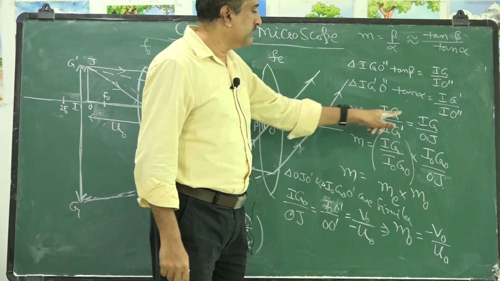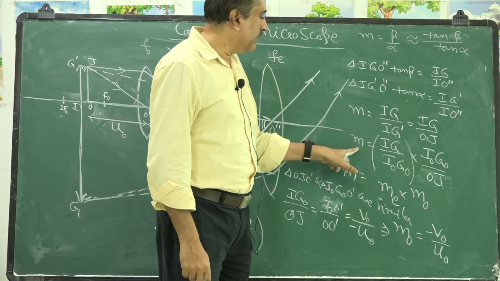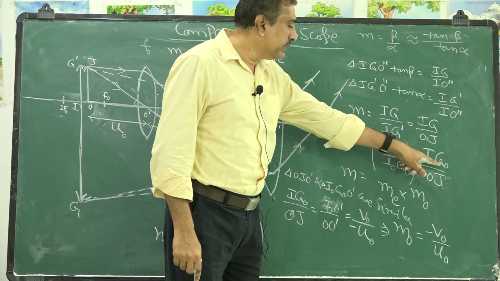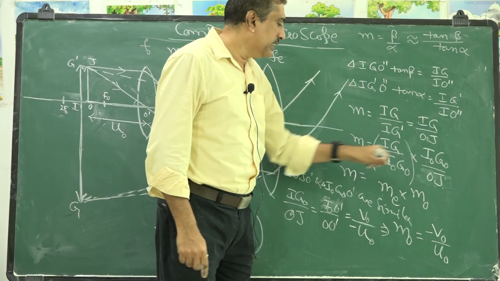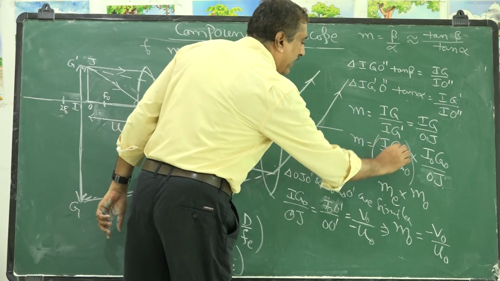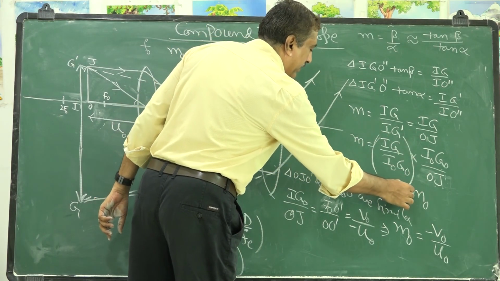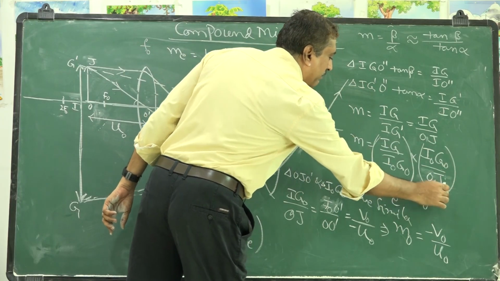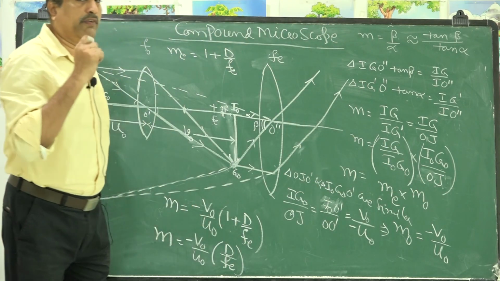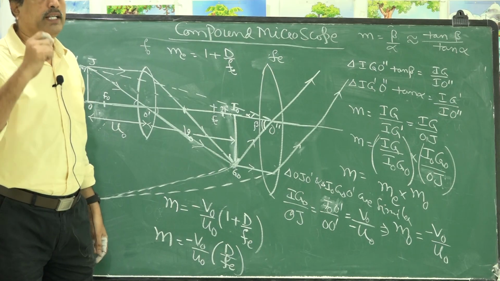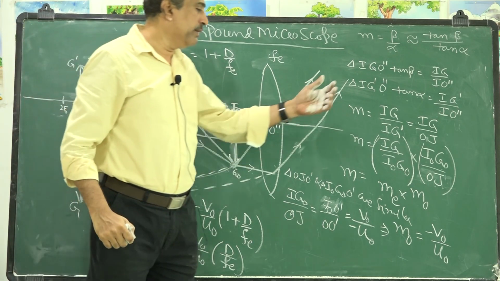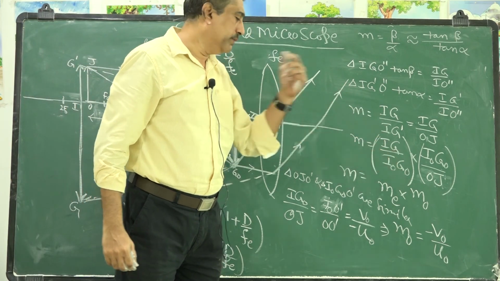So we write IG by OJ, and now multiplying and dividing with I naught G naught, we get this, which is the magnifying power of the eyepiece, and this is the magnifying power of the objective. So the magnifying power of the compound microscope is the product of the magnifying powers of the eyepiece and objective.